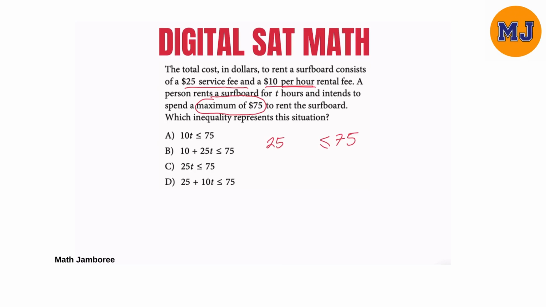If you rent it for 2 hours, then 10 times 2 is $20 for the rental fee. So technically we're multiplying t with the per hour rental fee. Therefore, this is going to be 10t. 25 plus 10t is less than or equal to 75 is the answer for this specific question.